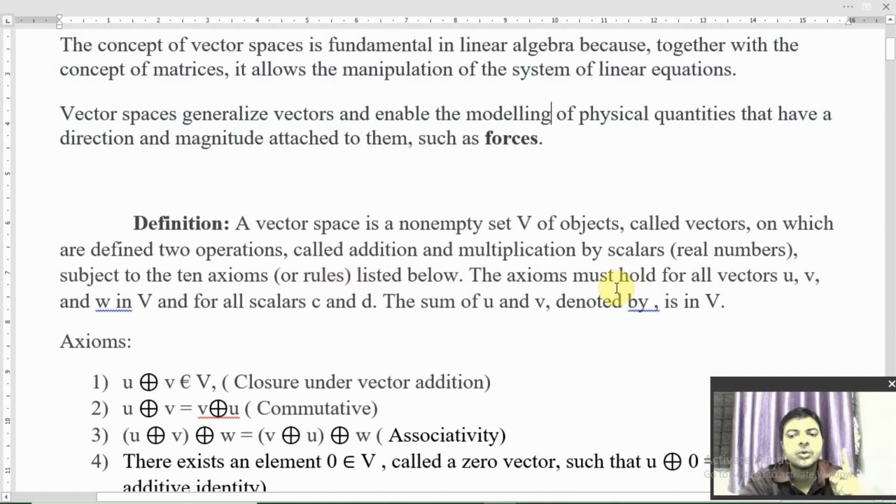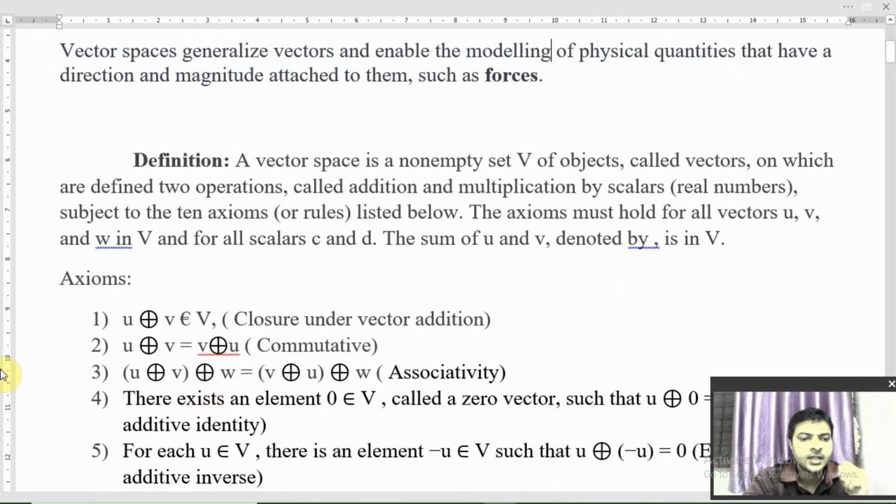The axioms must hold for all vectors u, v and w in V, and for all scalars c and d. All these axioms must be proved, and then we declare that the given quantity is a vector space. So let us start with the axioms, or the rules, of vector space.